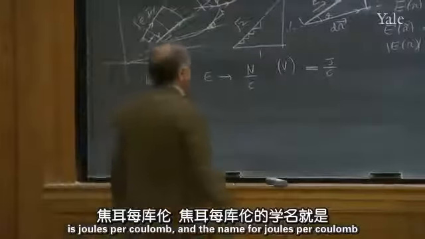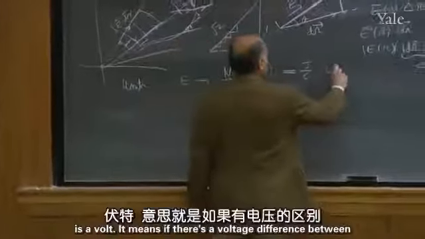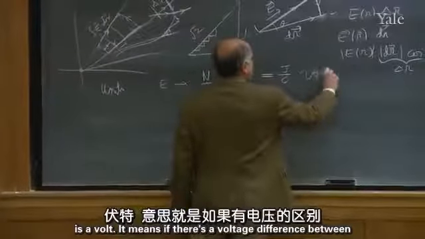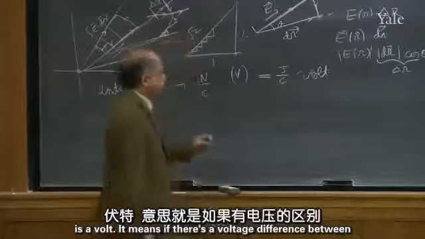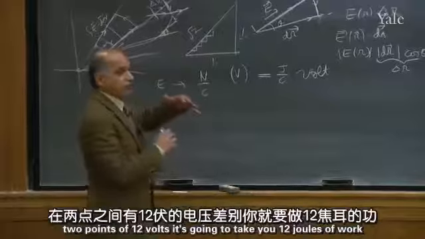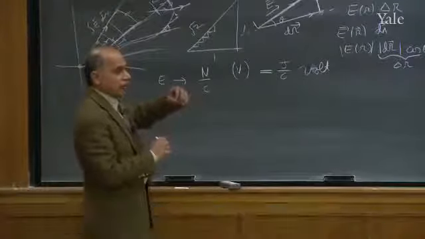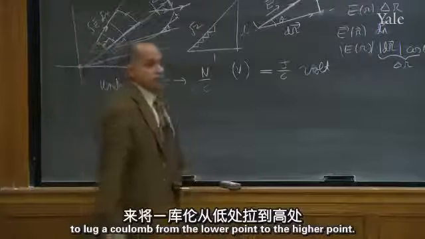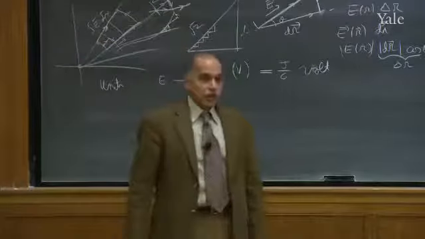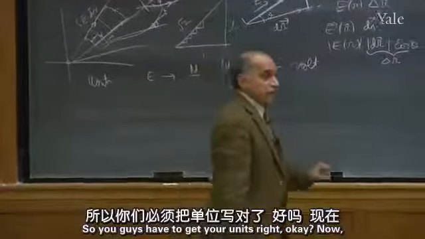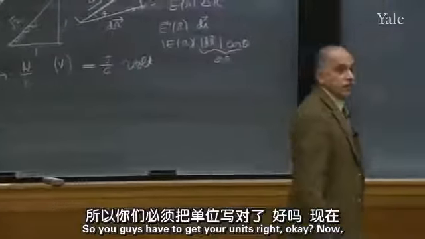And the name for joules per coulomb is a volt. It means if there's a voltage difference between 2 points of 12 volts, it's going to take you 12 joules of work to lug a coulomb from the lower point to the higher point. So you guys have to get your units right, okay?